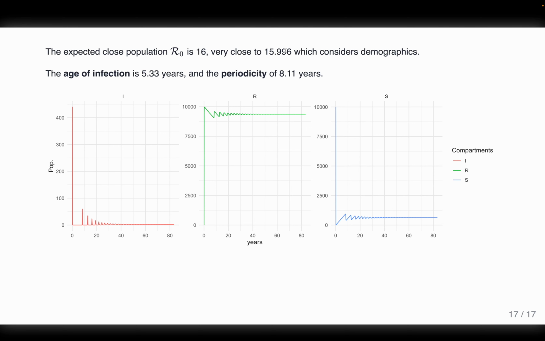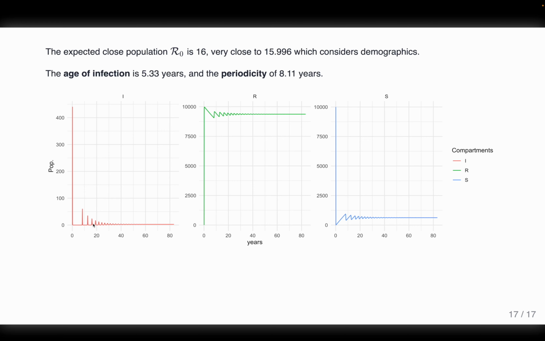But for example, if we consider a disease with a very long infectious period like tuberculosis, in which 1 over gamma is counted in years, then we could see that the demographic R0 is much lower than the closed population R0. From the R0 we can compute the age of infection, which for such a high R0 is quite low, 5 years of age, and the periodicity, which is 8 years.